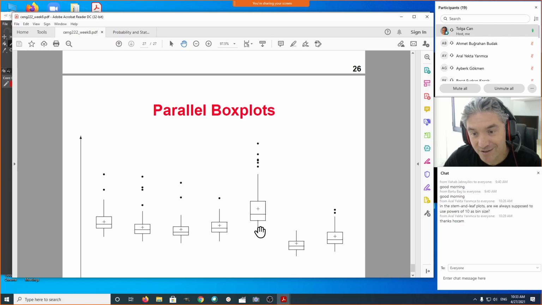So whiskers are not 1.5 interquartile range, but they show the largest data that is not deemed an outlier. We apply the 1.5 interquartile range rule to determine the outliers, and for the data points that are not outliers, we extend the whisker all the way to the largest data point which is not an outlier. This one too extends to the data point which is not an outlier.